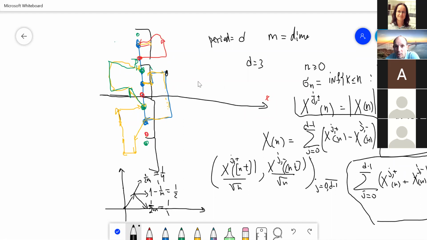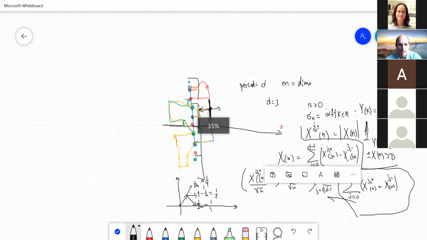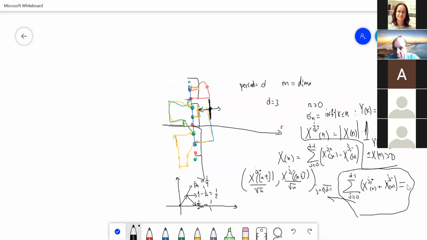Indeed, if you consider only the horizontal coordinate, and if the horizontal coordinate is not 0, then you go to the right with probability 1/4, you go to the left with probability 1/4, and the vertical coordinate is not changing with probability 1/4 plus 1/4, so with probability 1/2. So this is some random walk.